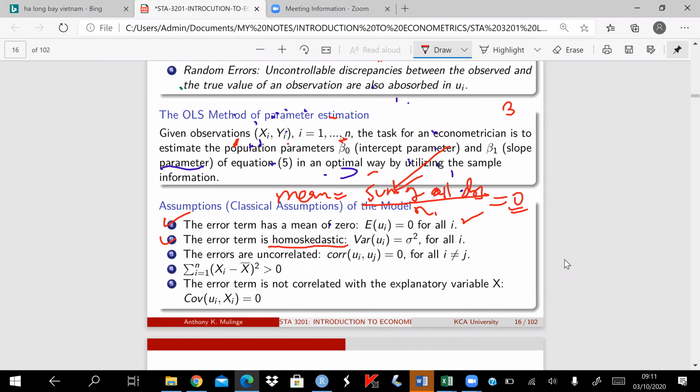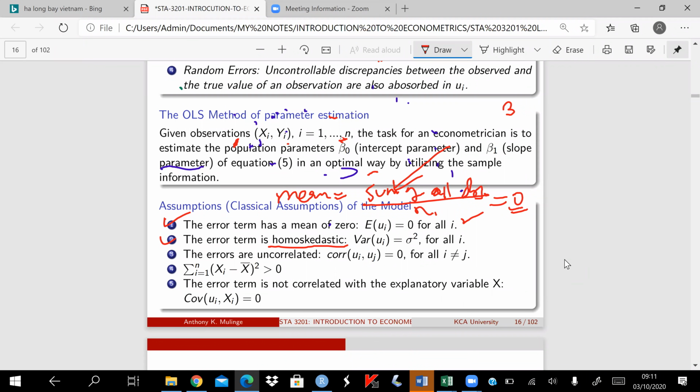We're saying that the error term is homoscedastic. Homoscedasticity is a question about the behavior of the variance of the error term.